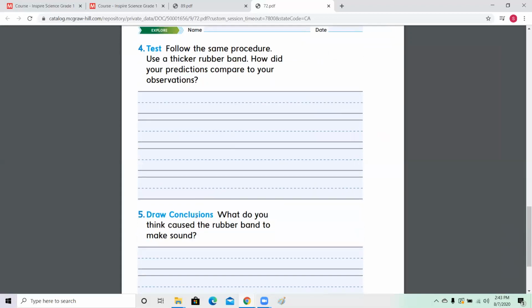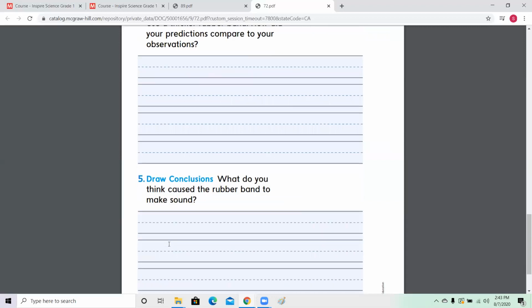All right, draw a conclusion. What do you think caused the rubber band to make the sound? Draw conclusions means, okay, what did we learn from this small experiment? So we learned that vibration caused the rubber band to make the sound. So what do you think caused the rubber band to make sound?